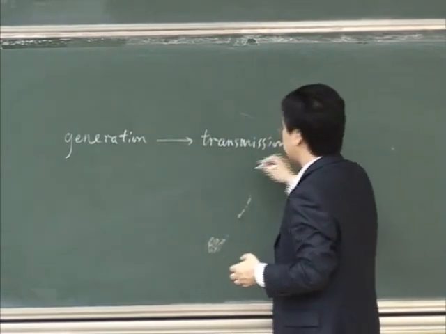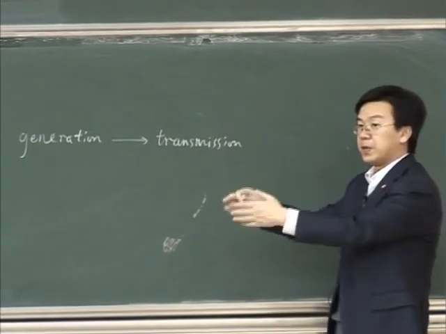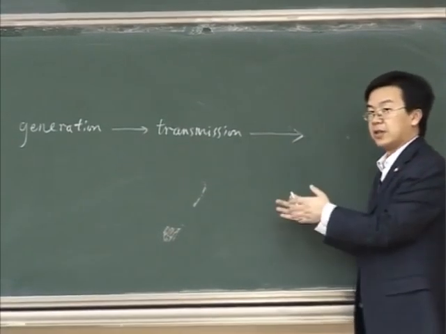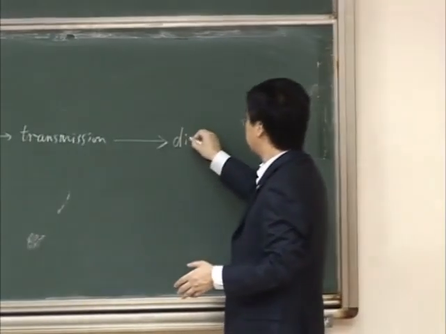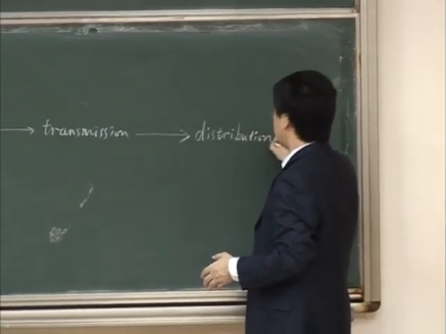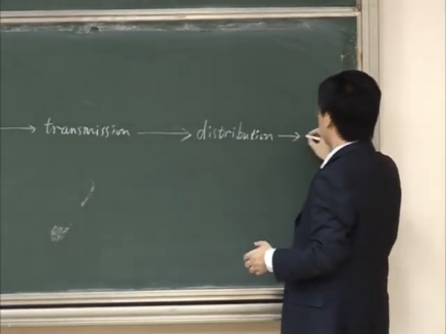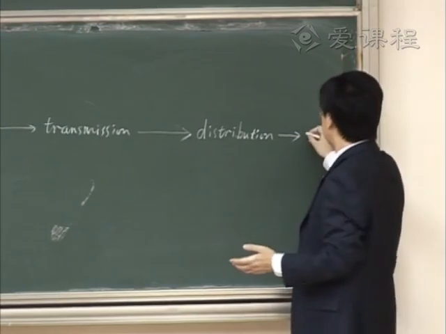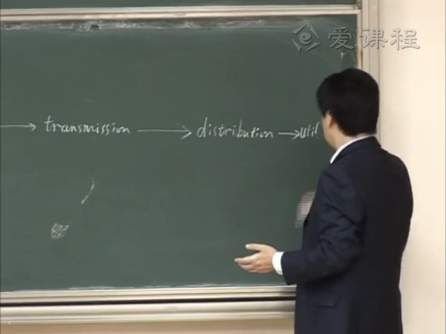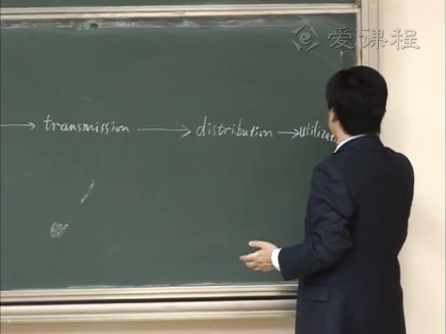So it goes through the transmission stage. You have a transmission line to transmit that power from one place to another. Once you reach the place you want, you also have to distribute. So you have a distribution line. And finally, this power reaches the load, so the load can utilize that energy. That's utilization.